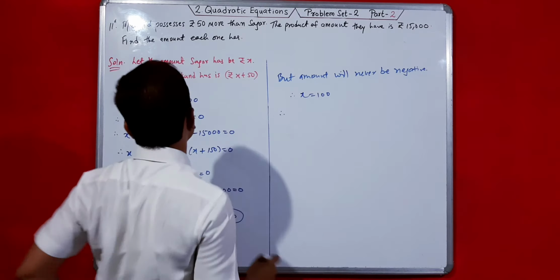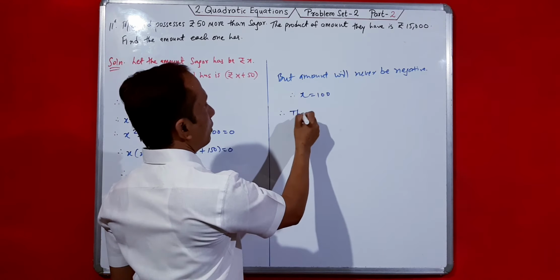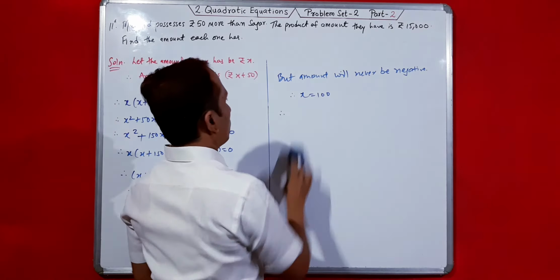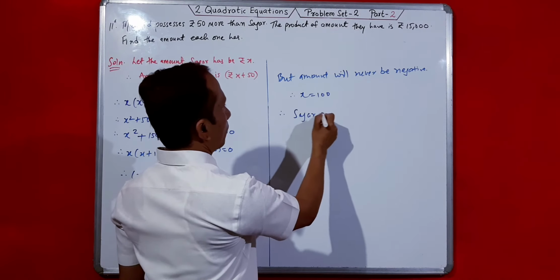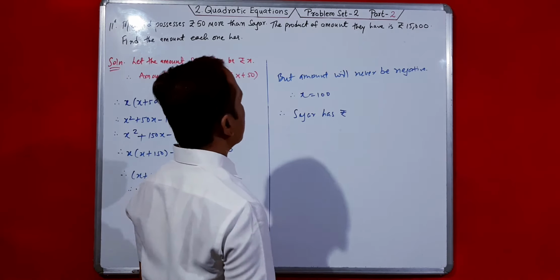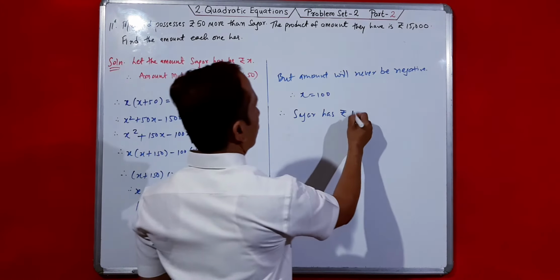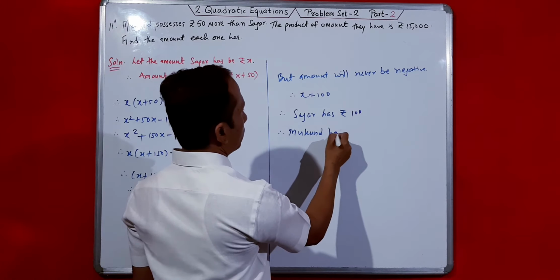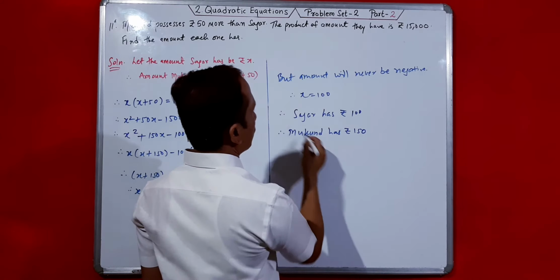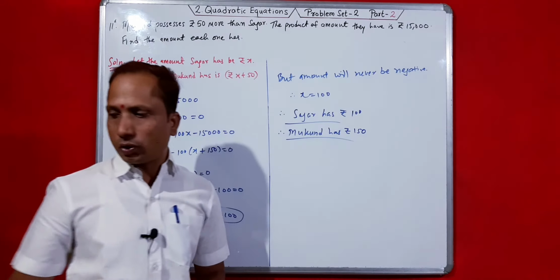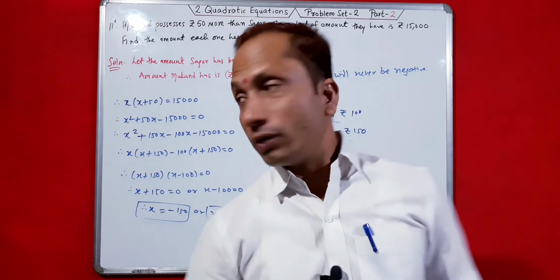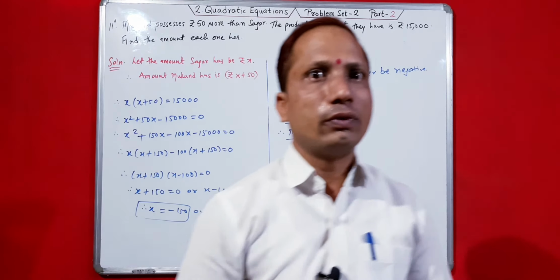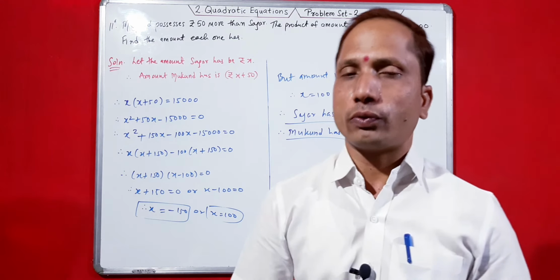Therefore Sagar has rupees 100, and Mukund has rupees 150, which is 50 rupees more. So these are the solutions. This is problem number 11, very easy. Just follow these steps from the equation and solve it, and you'll get your solution. We have solved it, and now we're going to solve problem number 12.